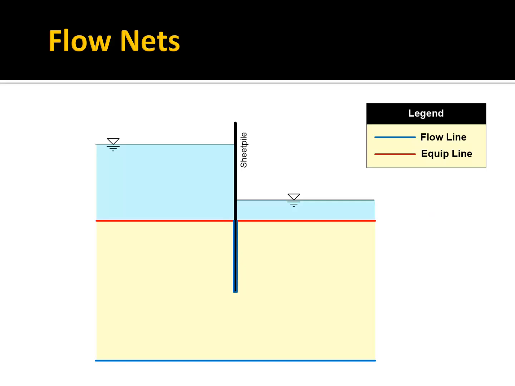Then to construct a flow net, we follow some basic rules that we'll talk about in a minute, and you create a set of equipotential lines. These equipotential lines are basically contours, kind of like contours on a topo map.